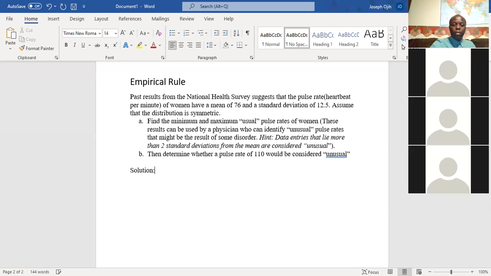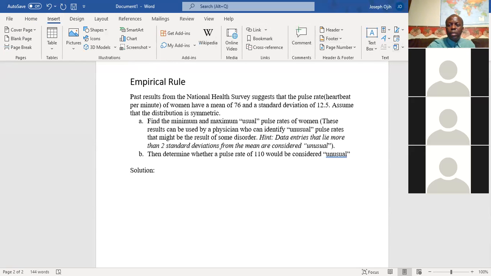Okay. Now, it said that the pulse rates for women have a mean of 76. So I'm going to use this symbol for the mean, mean of 76.